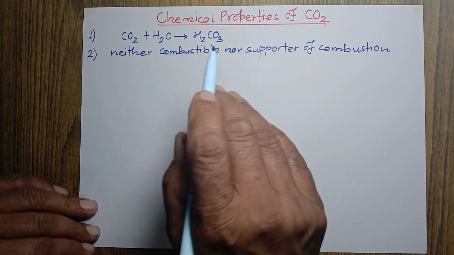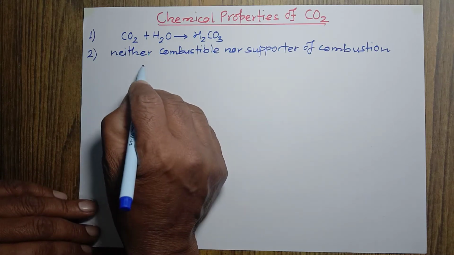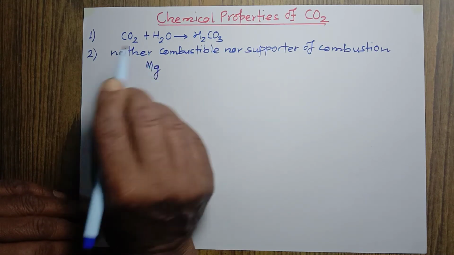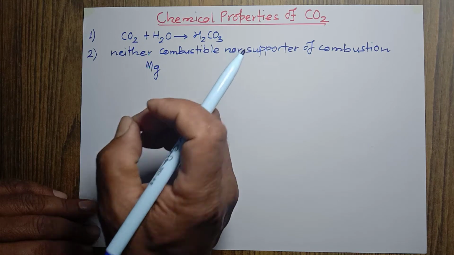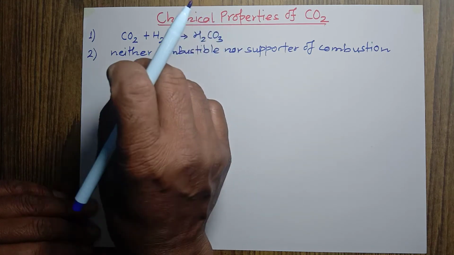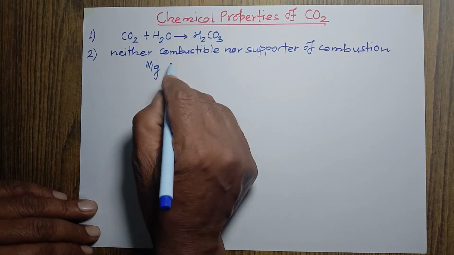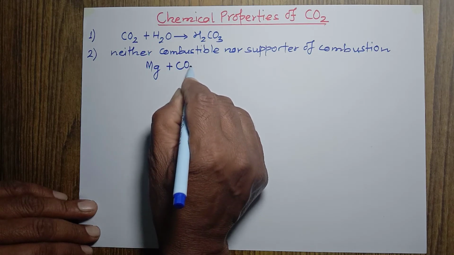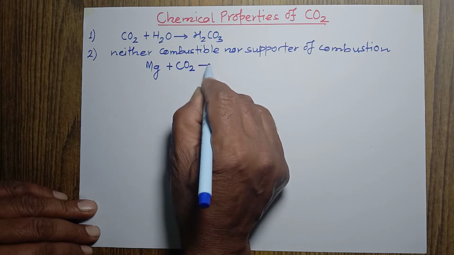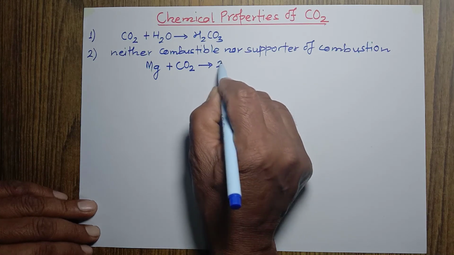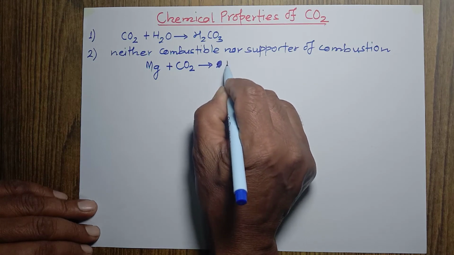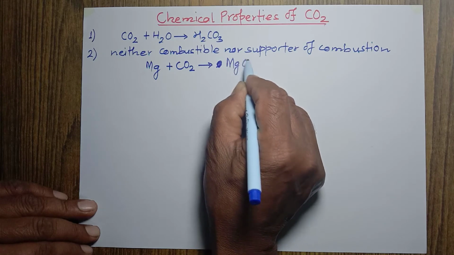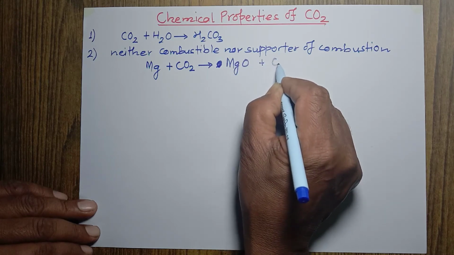But when burning magnesium, usually we take magnesium ribbon, and this burning magnesium ribbon is introduced into a gas jar filled with carbon dioxide gas, then what is found? It forms magnesium oxide with black spots of carbon.